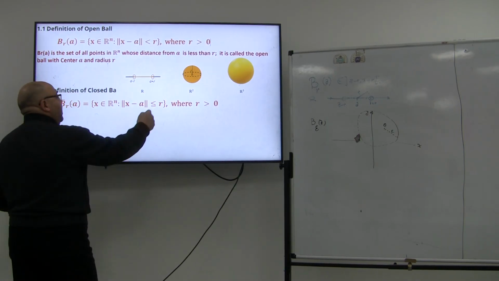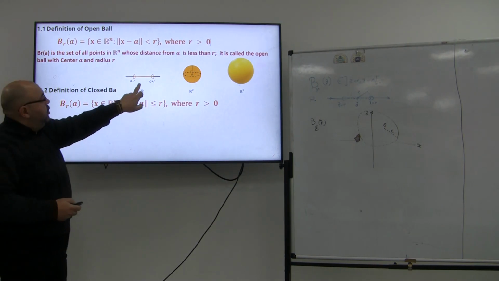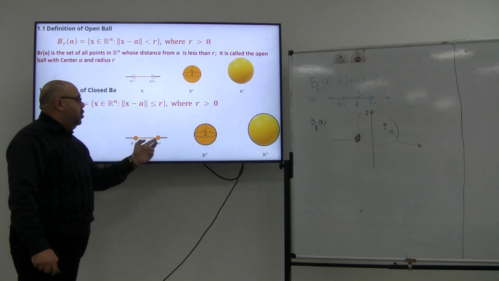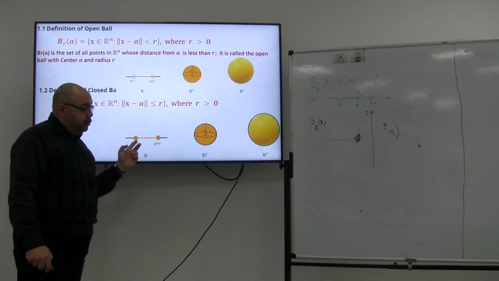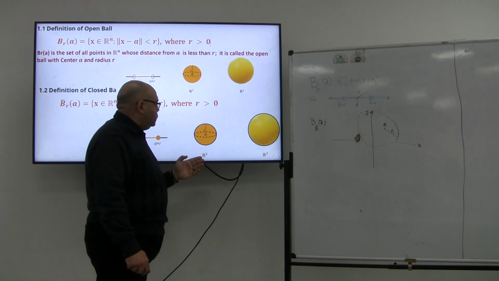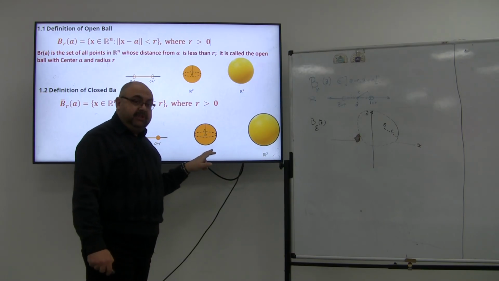But here we have less than or equal, which is the definition of a closed ball. So this interval will be exactly the same, but with closed endpoints. And if I'm in R2, it will be a circle including the boundary of the circle.